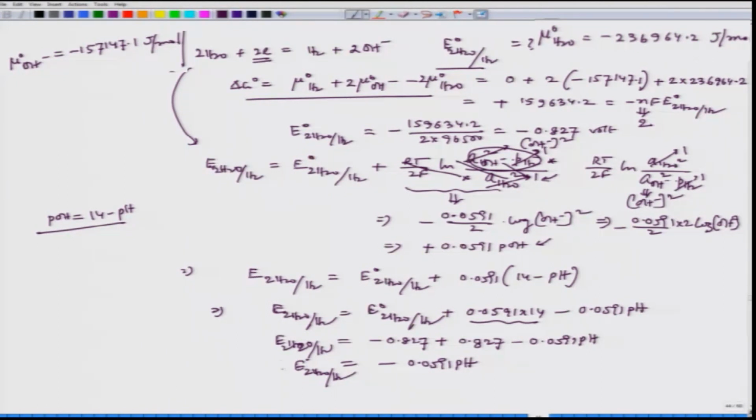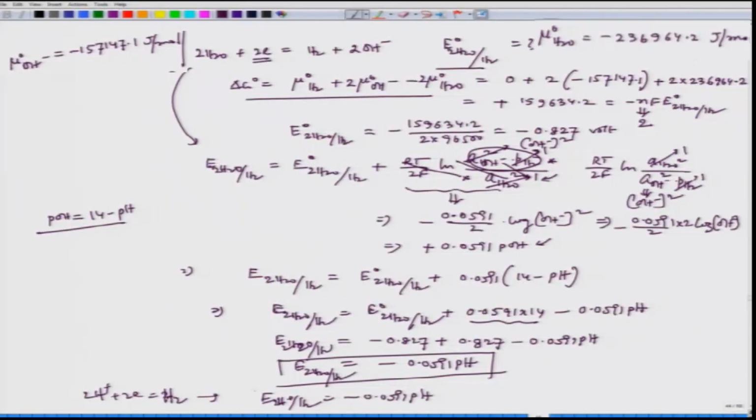Now you see this relation, and for this, what was the relation? So these are also similar.